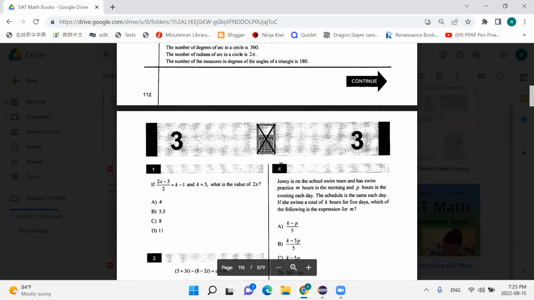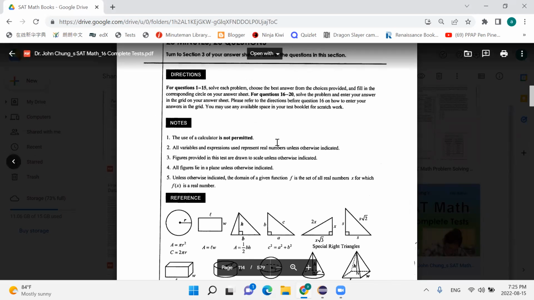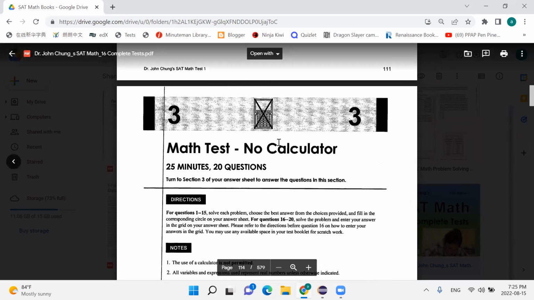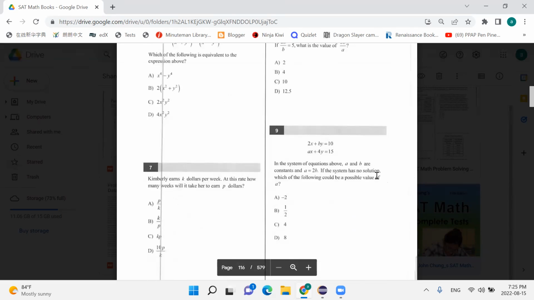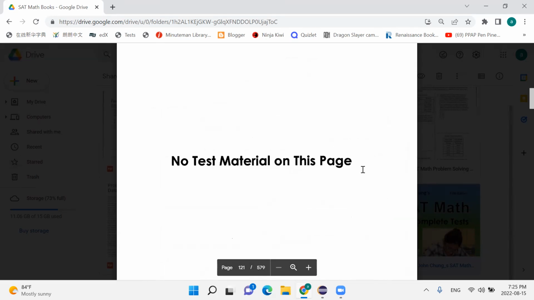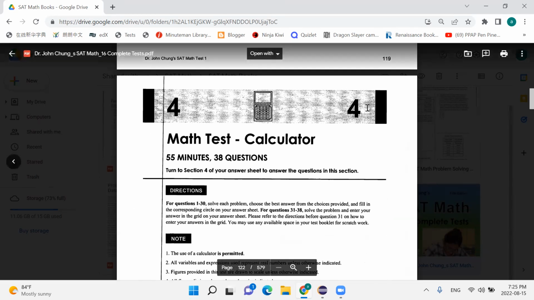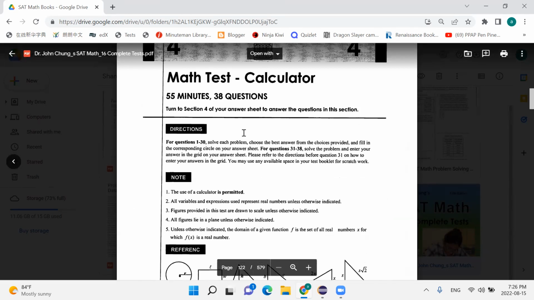So the problems about data analysis and these graphs are not going to be on the no calculator section, because those are all on the calculator sections. So always go on to section 4, because that's the calculator section.